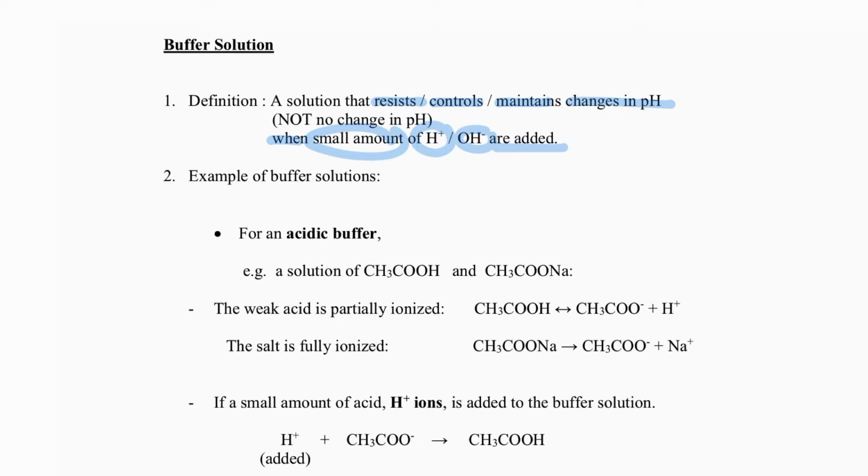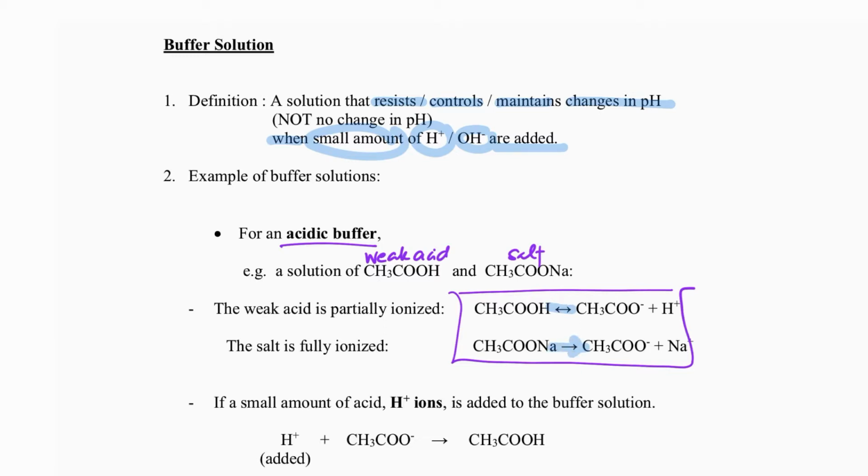So this is an example of an acidic buffer. An acidic buffer is from the mixture of a weak acid and the salt of itself, where the weak acid dissociates partially and the salt dissociates completely.